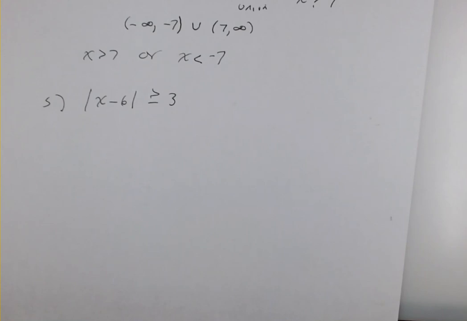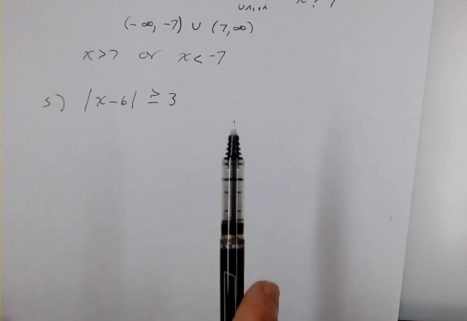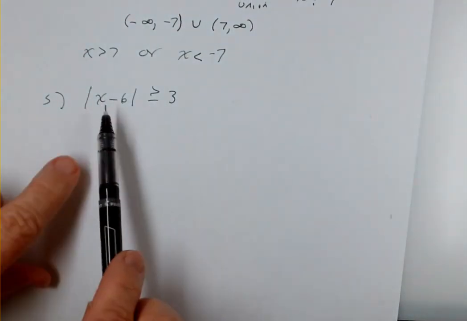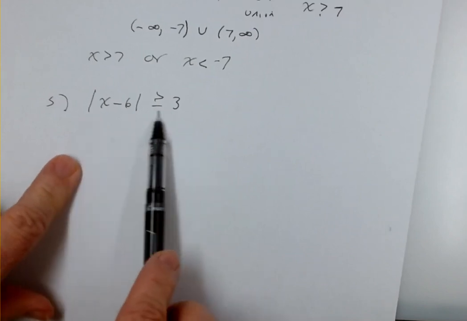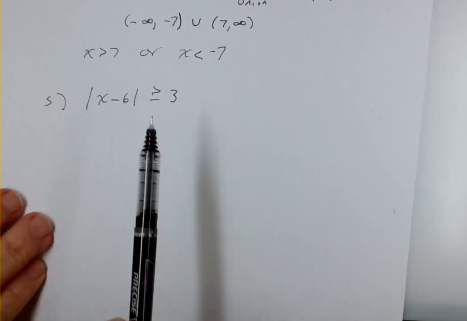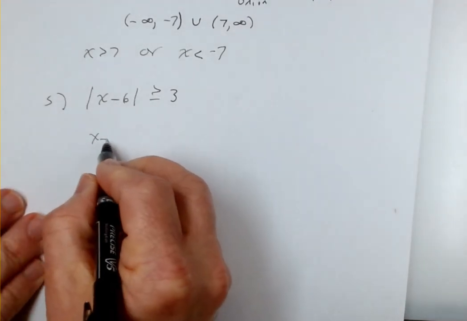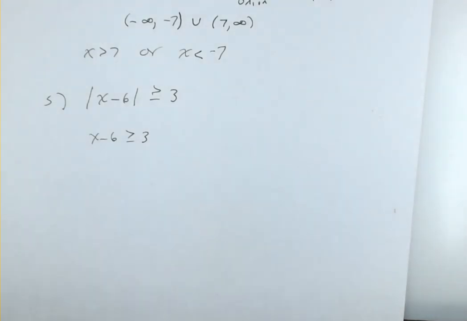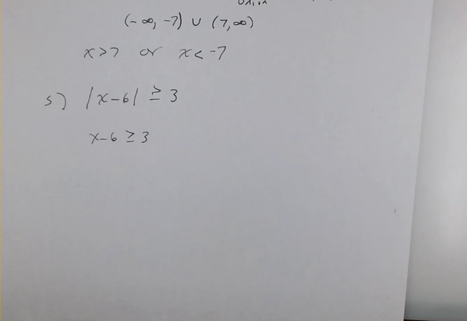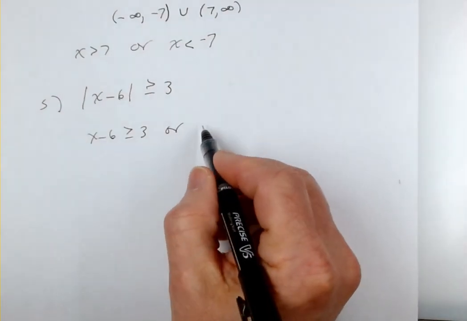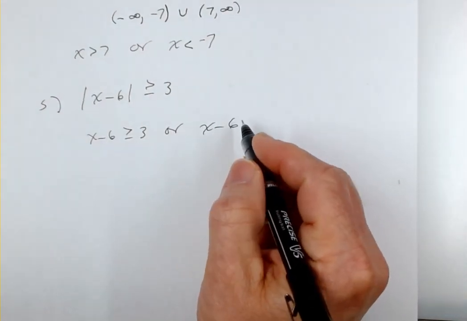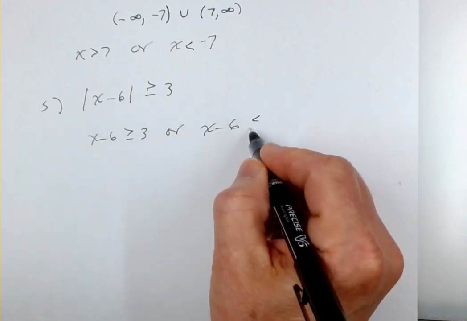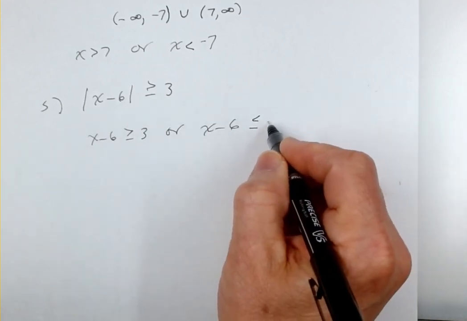Okay. The way I'm going to do it though, I'm going to rewrite this without the absolute value bars. So I'm going to say x minus 6 is greater or equal to 3. Then we know that this is an or statement. So we're going to say or, and then you're going to say x minus 6 is then what? Everything changes now. Less than or equal to negative 3.